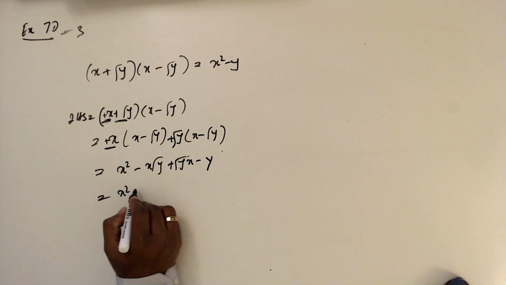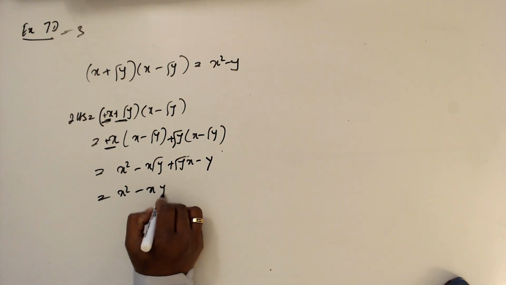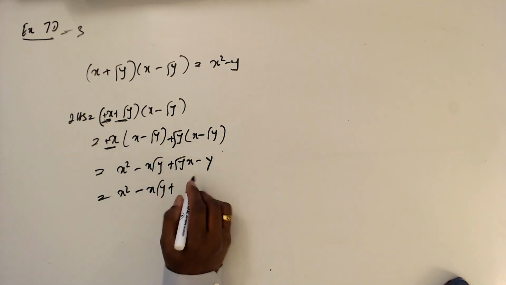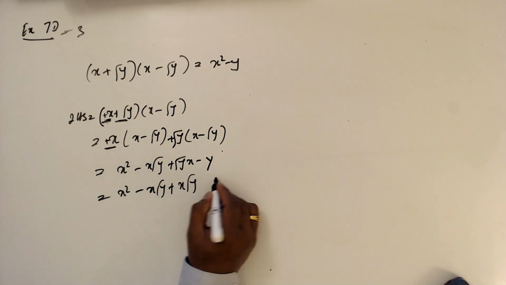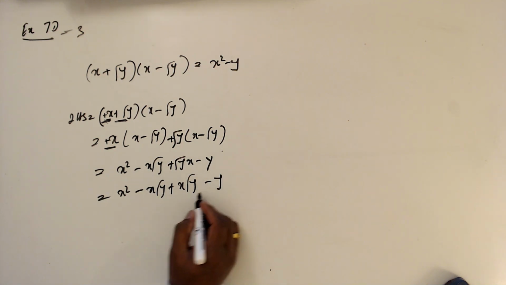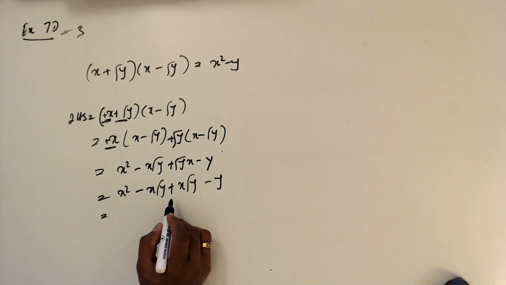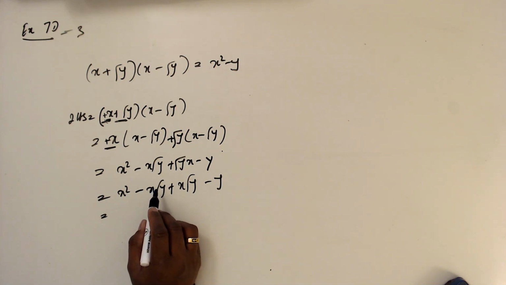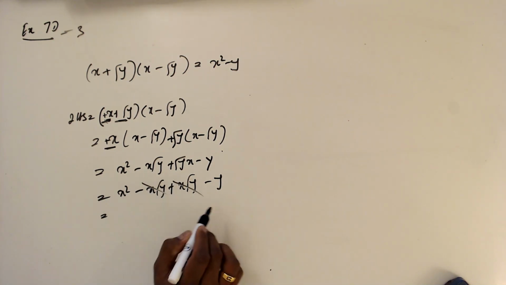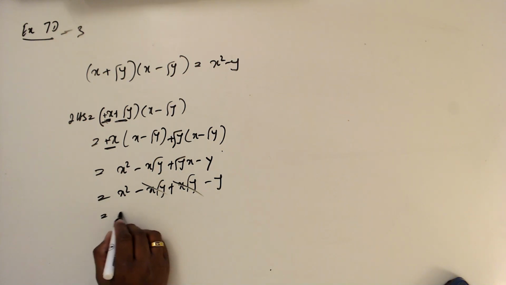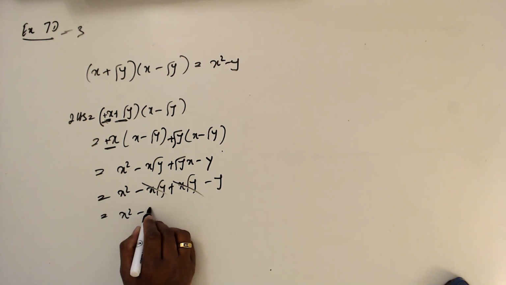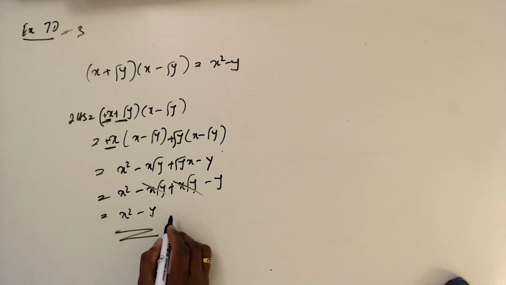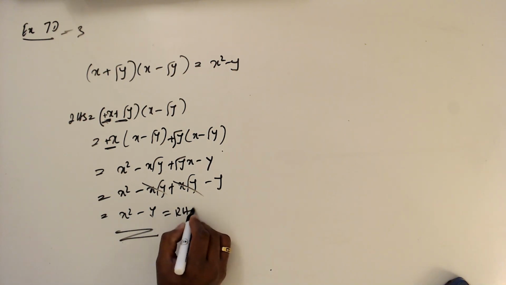Now minus x square root y and plus x square root y cancel out, and what remains is x squared minus y, which is the right hand side.